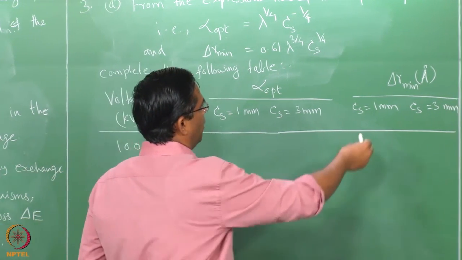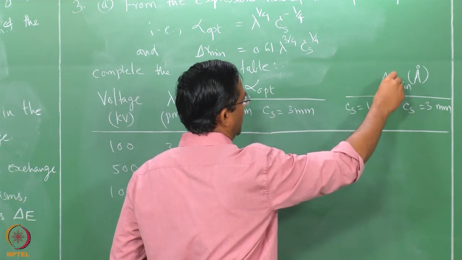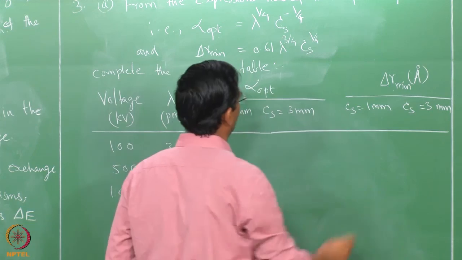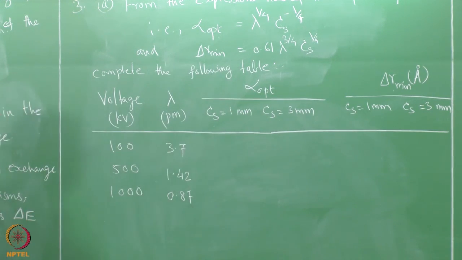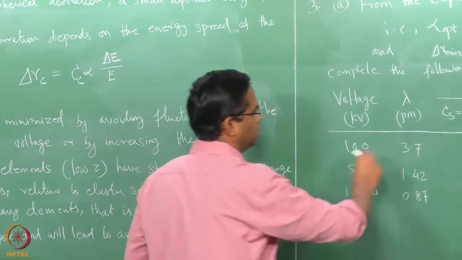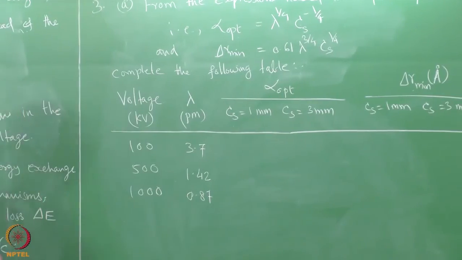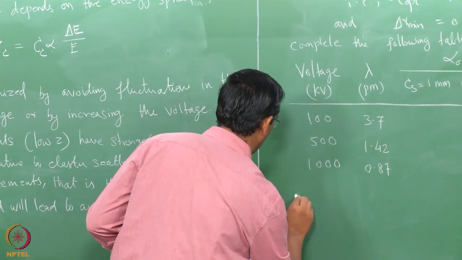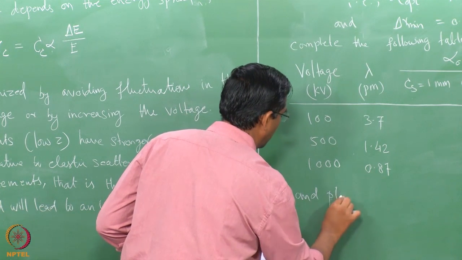Similarly, for the delta R minimum, you have Cs equal to 1 mm and Cs equal to 3 mm. We can calculate and try to fill this table, that is the question. So, it is straightforward, you can do that, and finally plot the data graphically.